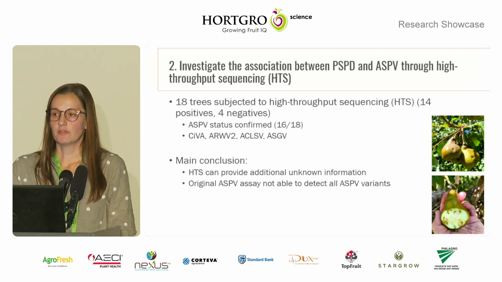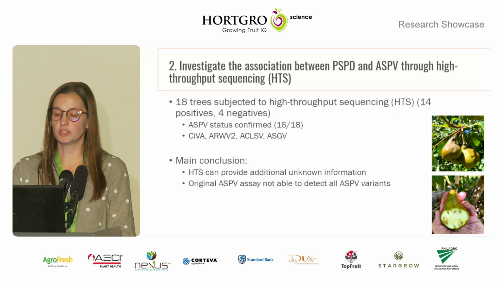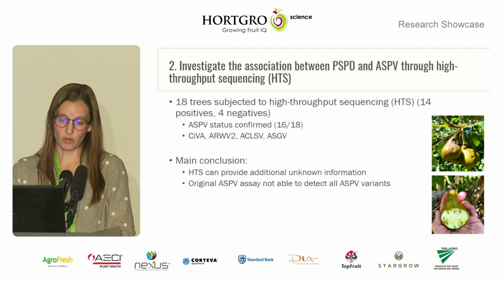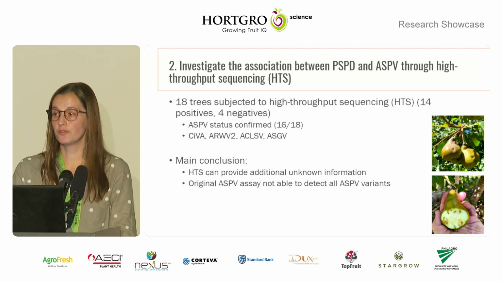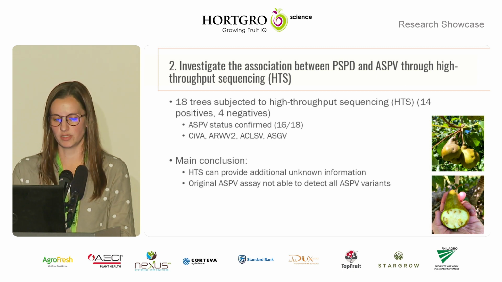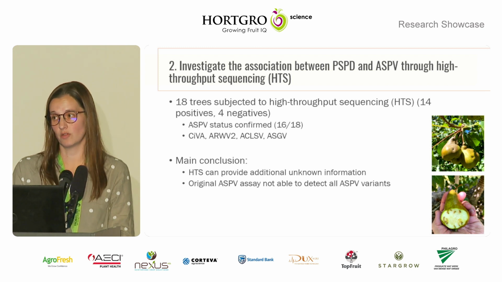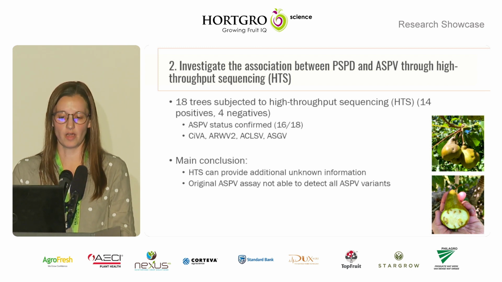The second objective was to use high-throughput sequencing to look at the association between the virus and the disease. We subjected 18 plants to high-throughput sequencing, of which we thought 14 were positive for the virus and 4 were negative, based on RT-PCR results. After the data analysis, we confirmed that 16 of these trees were indeed positive for the virus.